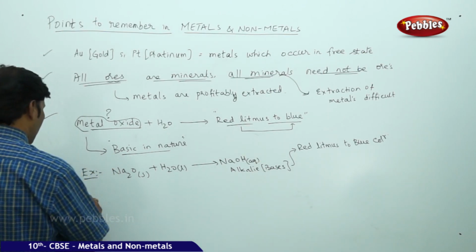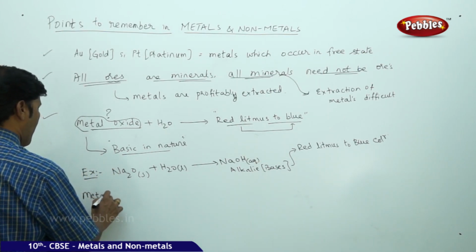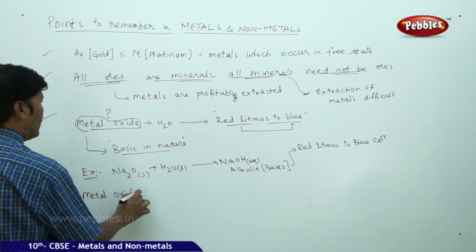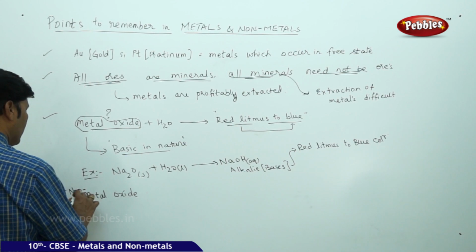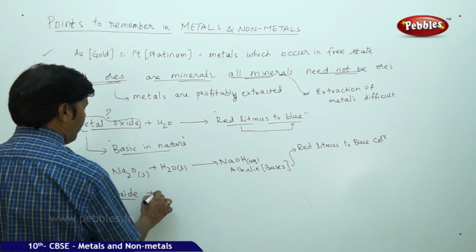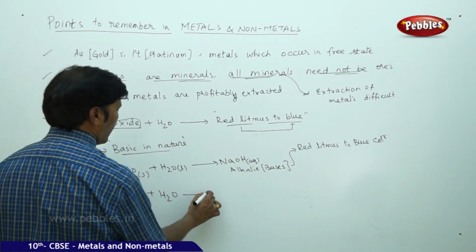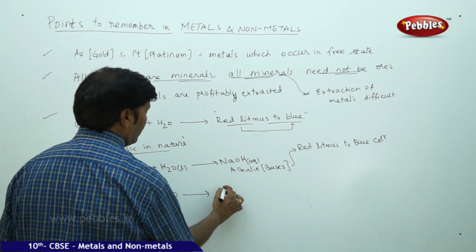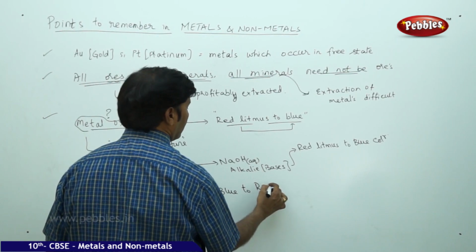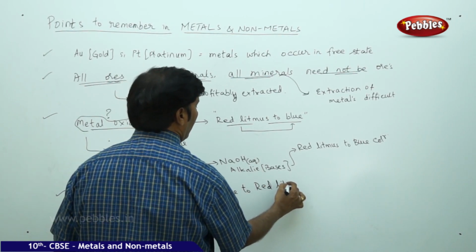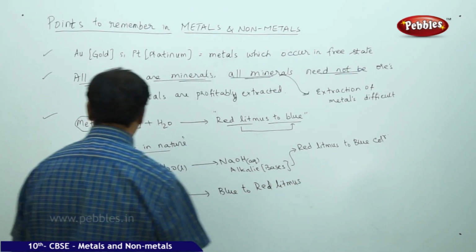Suppose you're going with a non-metal oxide. When a non-metal oxide is dissolved in water, it changes blue litmus to red litmus. What oxide could it be?